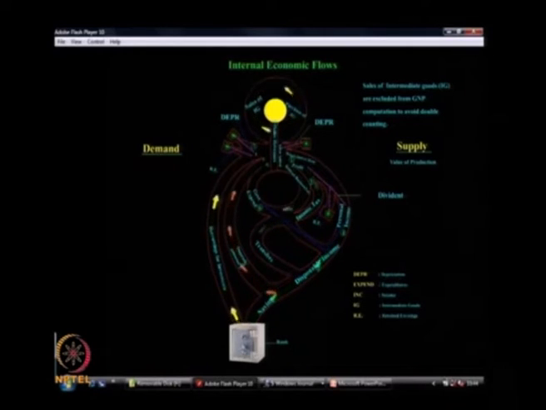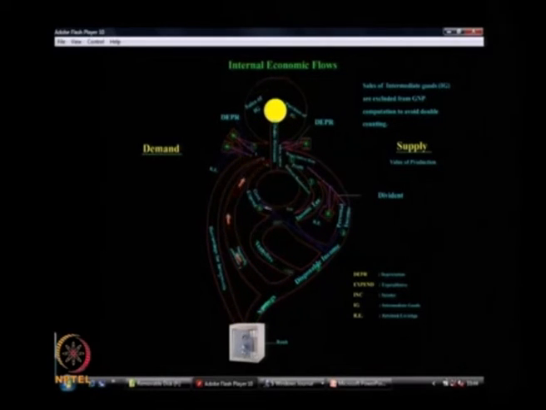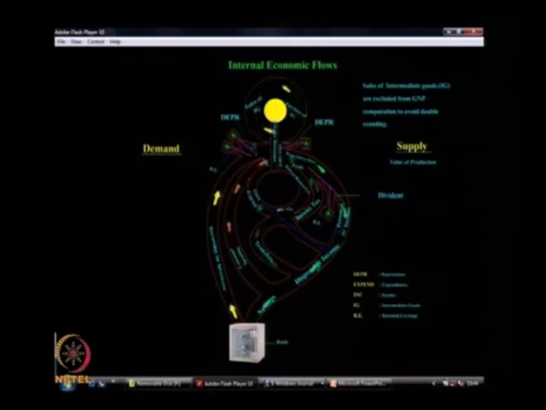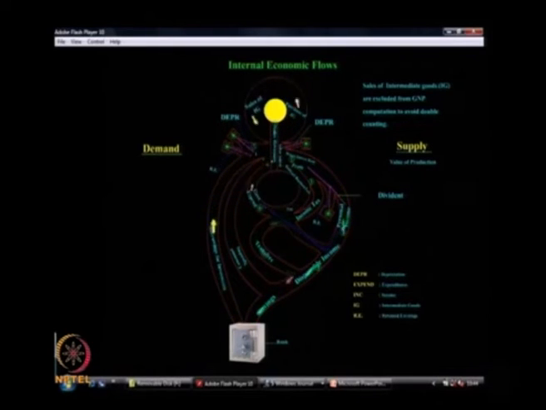And it is from these banks that borrowings are done for investments. So business investments come from borrowings, the retained earnings and the depreciation, that constitutes I, the C comes from the consumer spending, and the G is the government's expenditure.